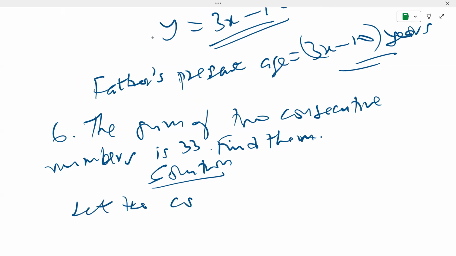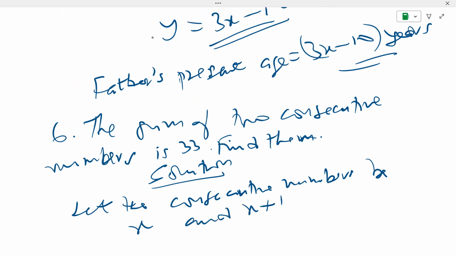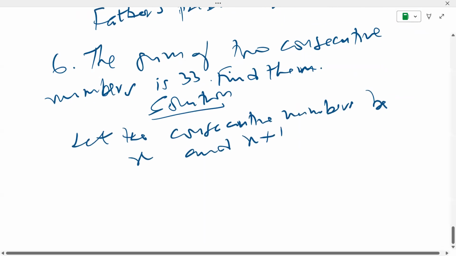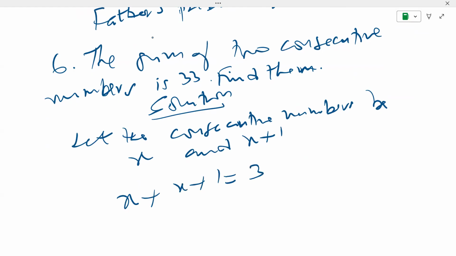We let the consecutive numbers be x and x plus 1 as we have indicated already. So we find their sum and that will give us 33. So x plus x will be 2x plus 1, that will be 33.